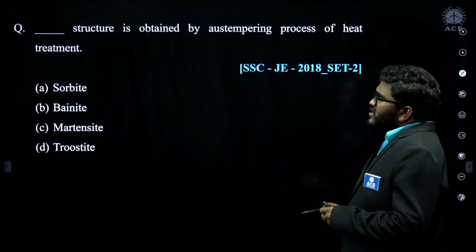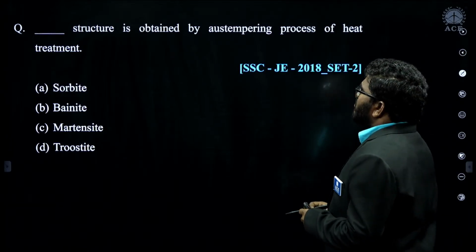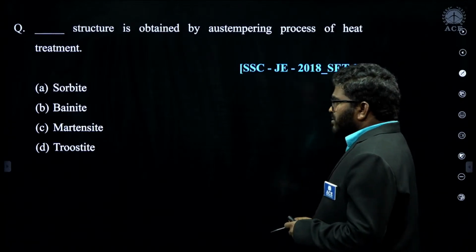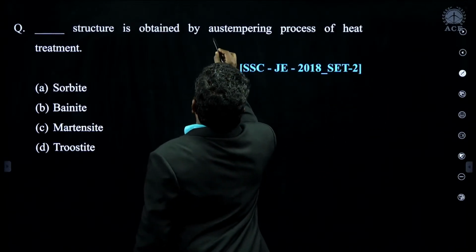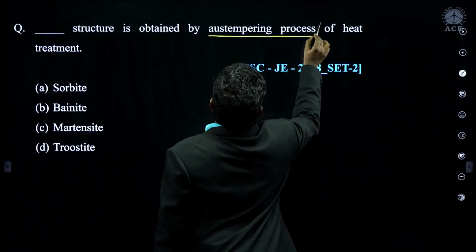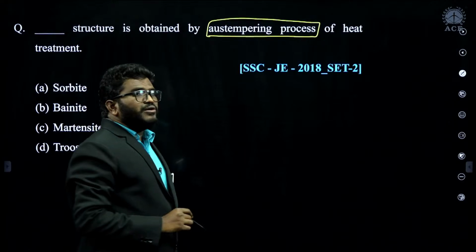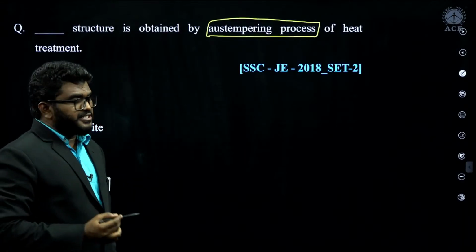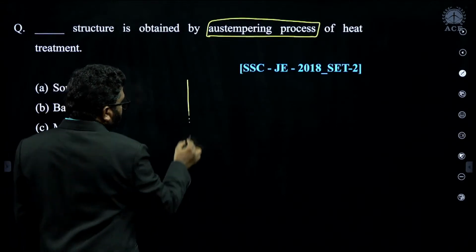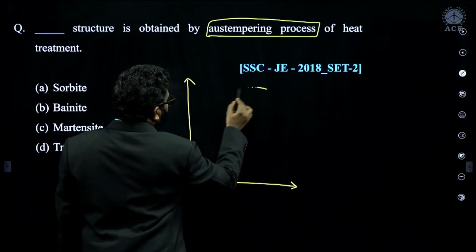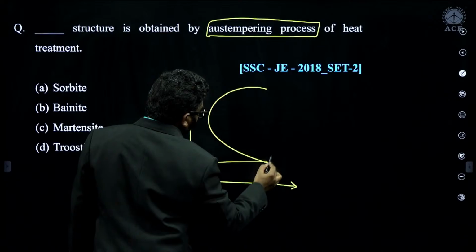Now, the dash structure is obtained by the austempering process in heat treatment. Remember, the austempering process is nothing but two interrupted cooling mediums we are using. First is rapid cooling, second is isothermal cooling.